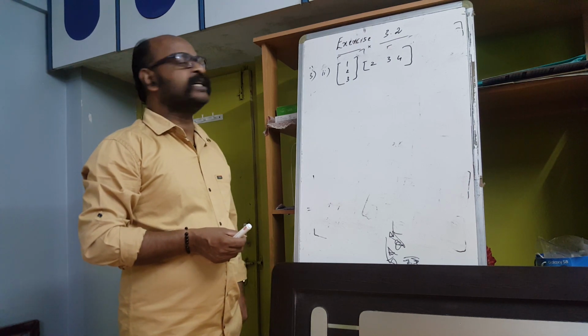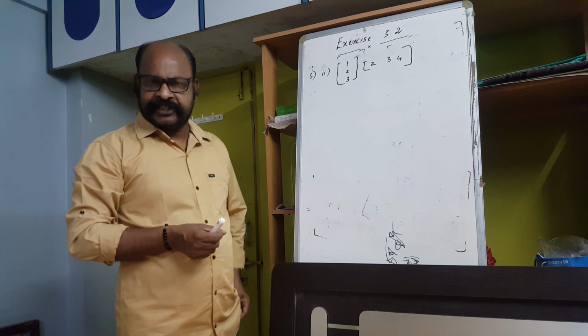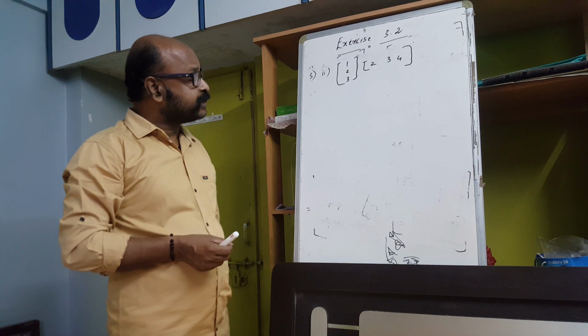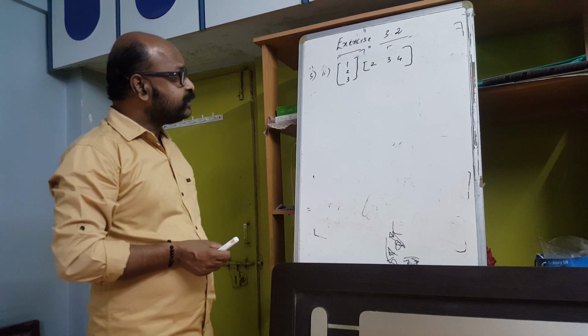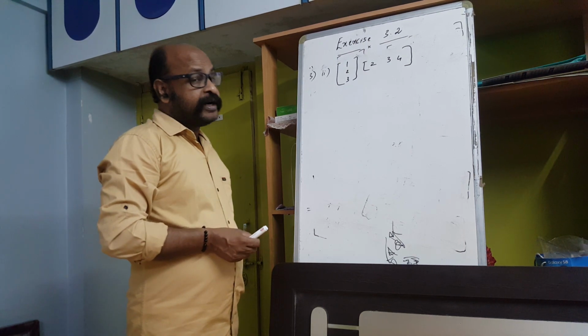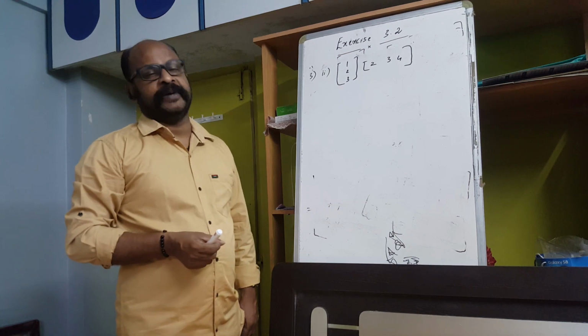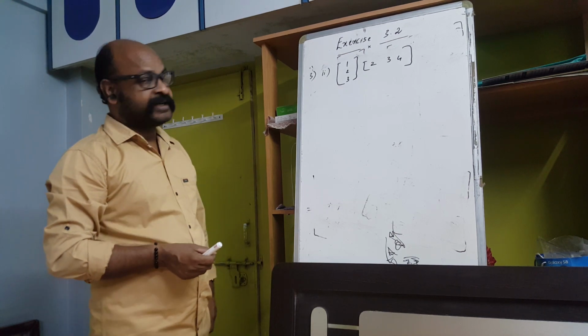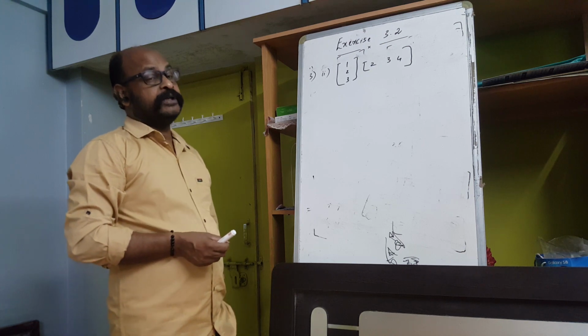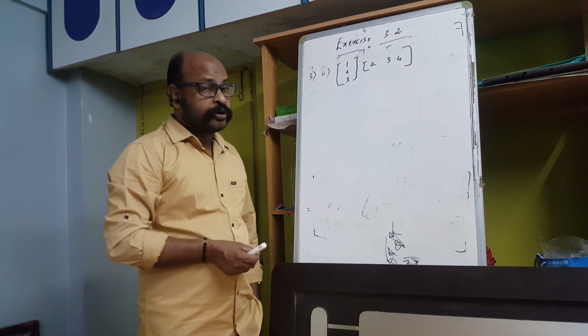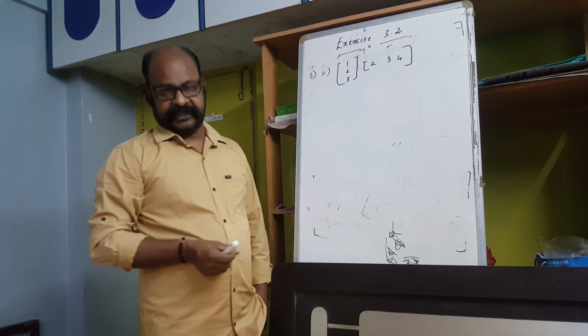See the first matrix. It contains only one column, so it is a column matrix. The second matrix is a matrix having only one row, so it is a row matrix.